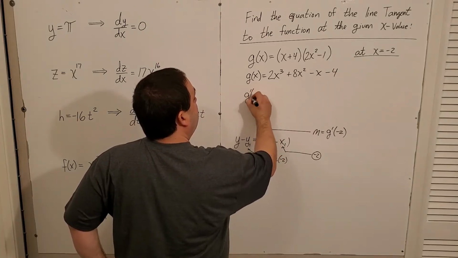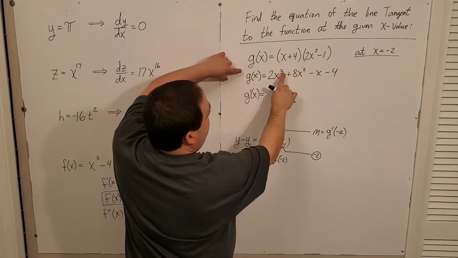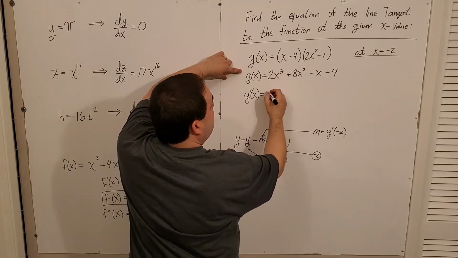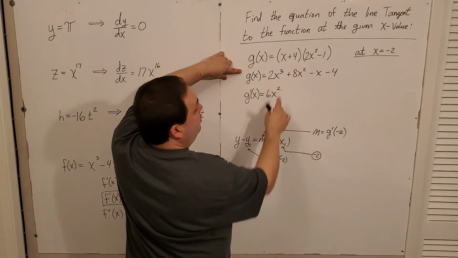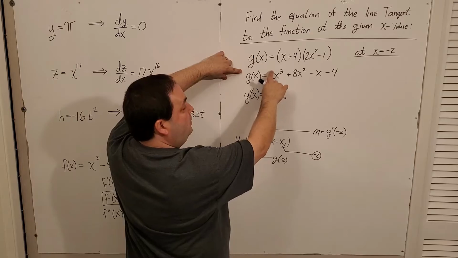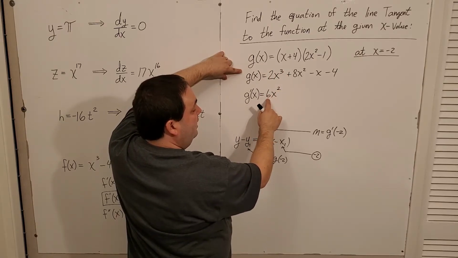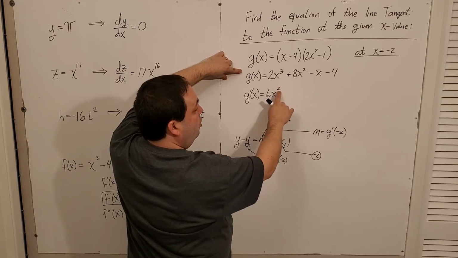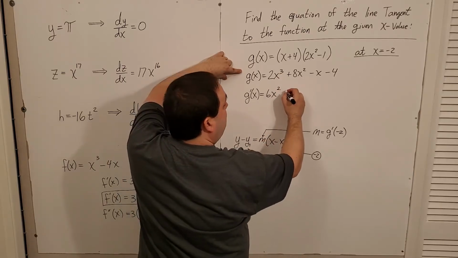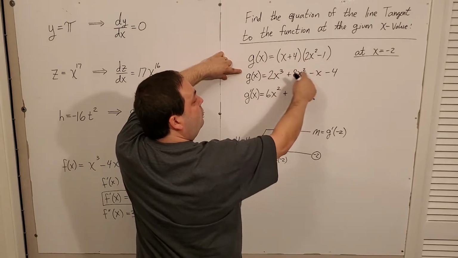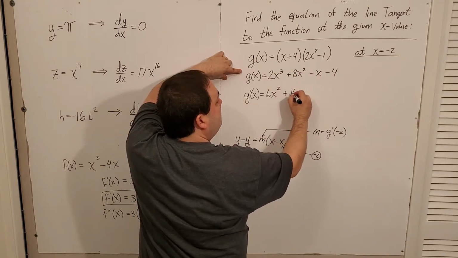G prime is going to be 6x squared. Notice I dropped the 3, right? The 2 was along for the ride, so basically 3 times 2 gave me 6. And then 3 minus 1 is 2. Plus, bring the 2 down, 2 times 8 is 16.